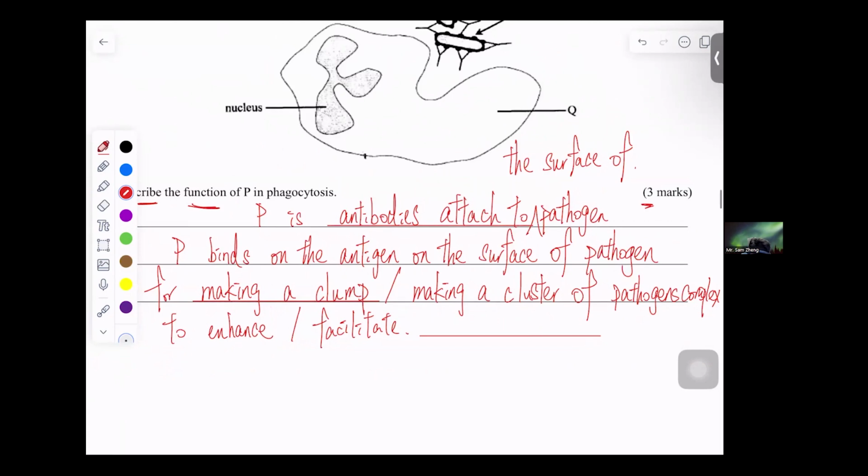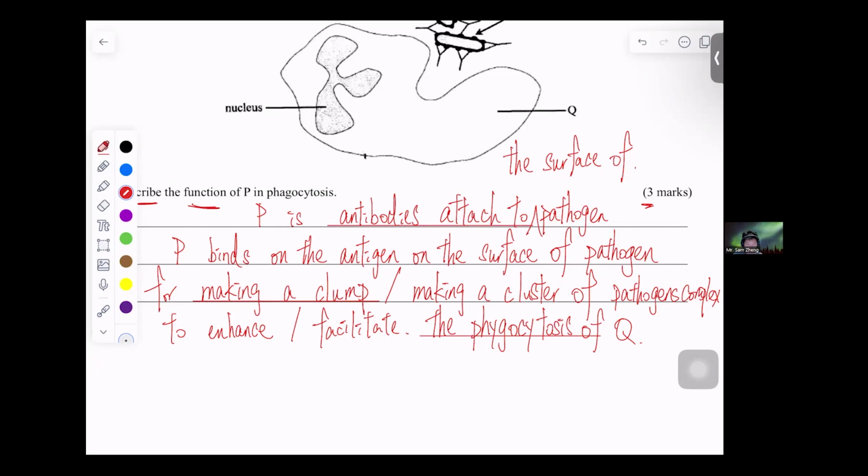Now, what is the function? They are basically to enhance or facilitate the phagocytosis of Q, which is the phagocyte.